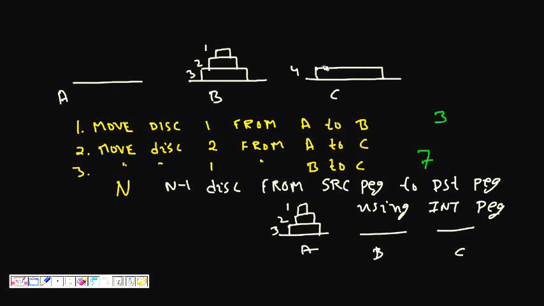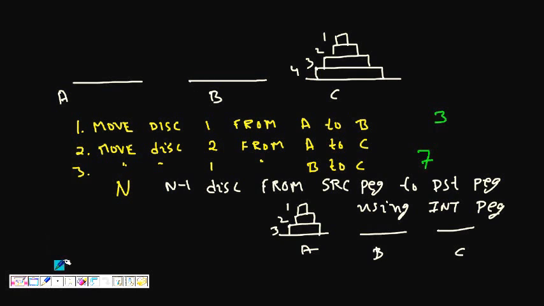And again the same logic: because 4 is the largest, whatever disks I place here will follow the property that smaller disks are above the larger disk. So I move these n minus 1, 3 disks, from source B to destination C, using A as the intermediate. So this is now done. 1, 2, 3, 4, and that is how we solved this Tower of Hanoi problem.